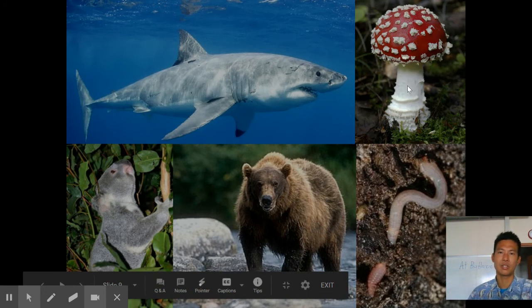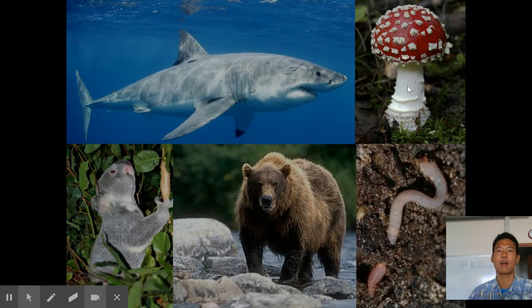Now, fungi. Do you understand that all fungi are heterotrophs? So all fungi, mushrooms, have to eat something for energy. Fungi are pretty interesting in that they're not really plants, but most people view them as vegetables. All fungi have to eat.